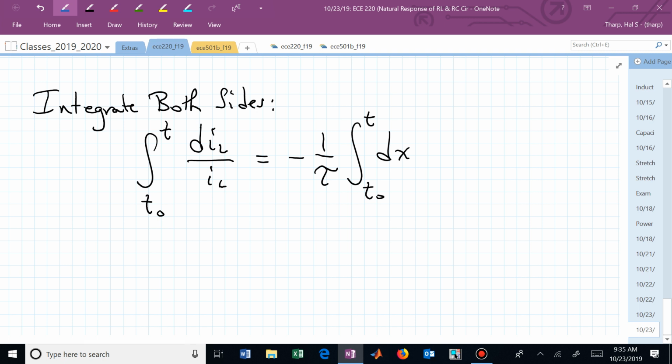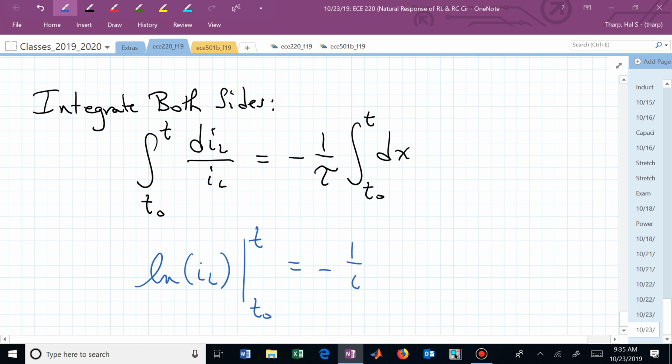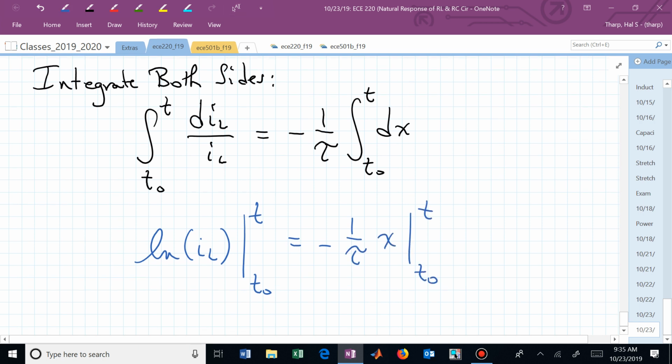Do we remember? Where's my table? That's ln of x, right? The natural log of x. Or here it's I. So we have natural log of I sub L from t sub 0 to t is equal to minus 1 over tau x from t sub 0 to t.